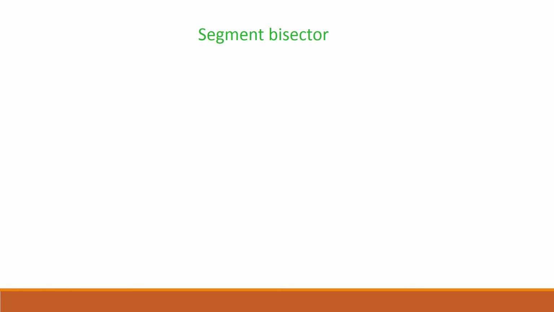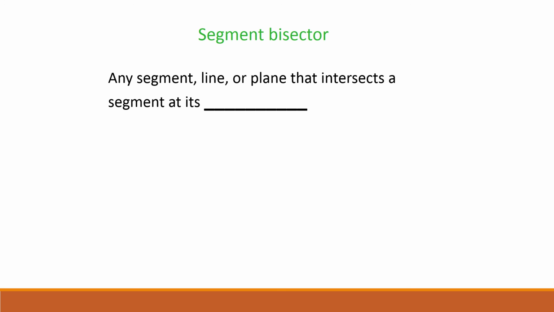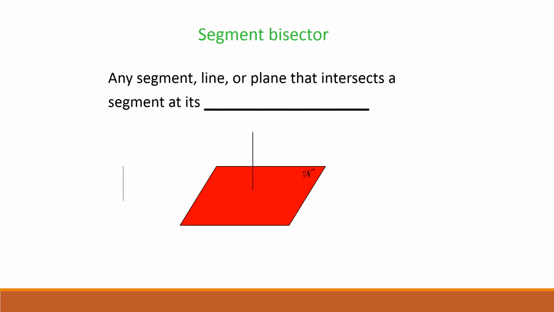Now the segment bisector. A segment bisector is a point, line, ray, or plane that intersects a segment at its, you were going to fill in, midpoint. So here is a visual that was hard to draw on the computer, so please understand that. But here's a plane N, and I have a line segment passing through the plane at a point, and that line segment is AB.